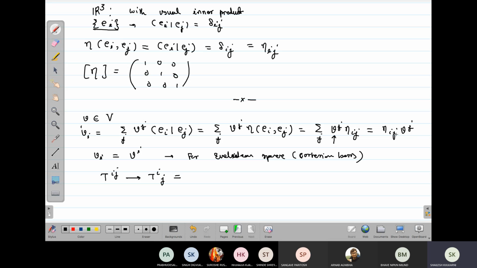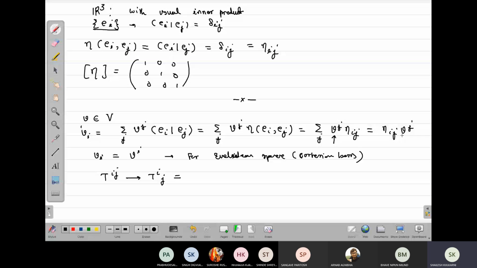And you see how these indices are placed. Eta ij is a symmetric tensor, so eta ij is the same as eta ji, and the placement of these indices doesn't matter. The index which is summed over is the index appearing on the vector, and the free index is the index appearing on the dual vector as a component of the dual vector.